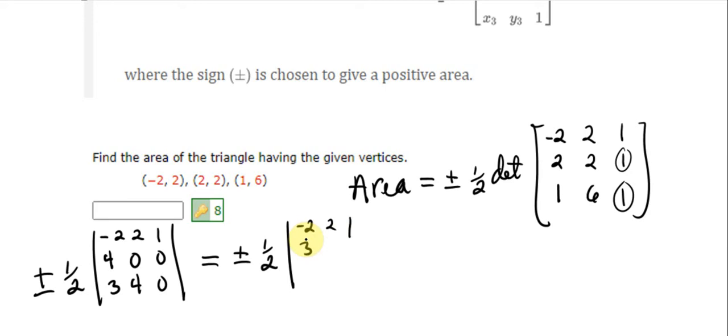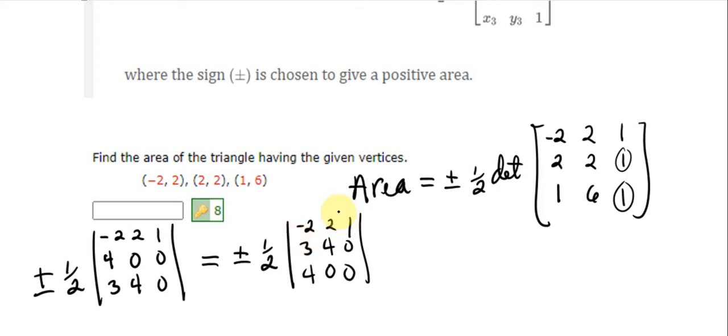Interchange rows 2 and 3. Okay. So we can compute now the so-called determinant.